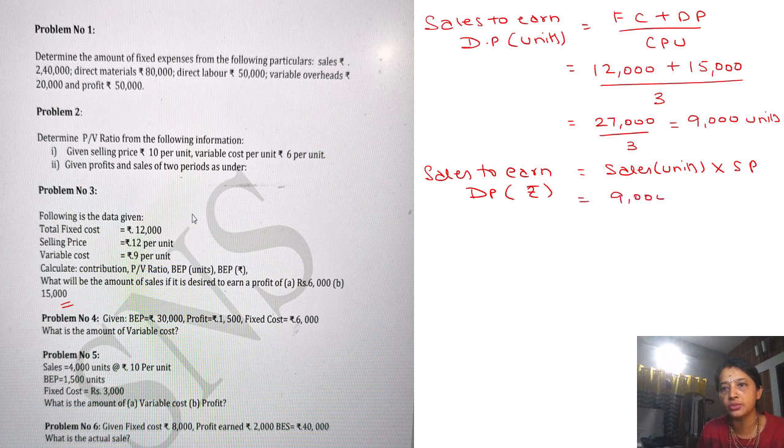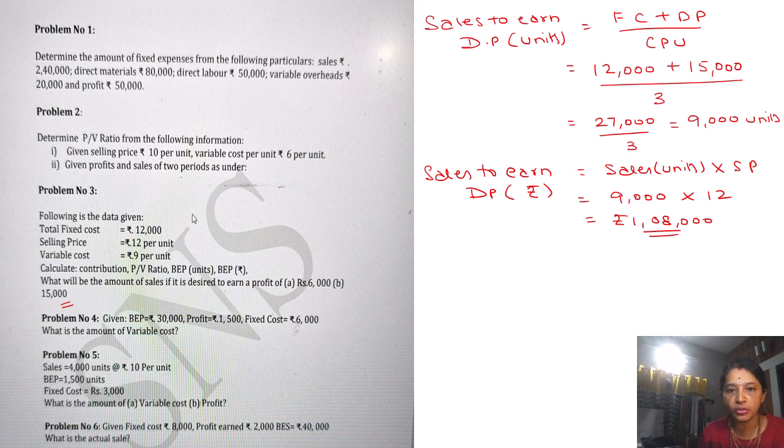You found out 9,000. How much is the selling price per unit given in the question? 12. So 9,000 into 12 is 1,08,000. So if you make a sales of rupees 1,08,000, you will get a desired profit of 15,000.